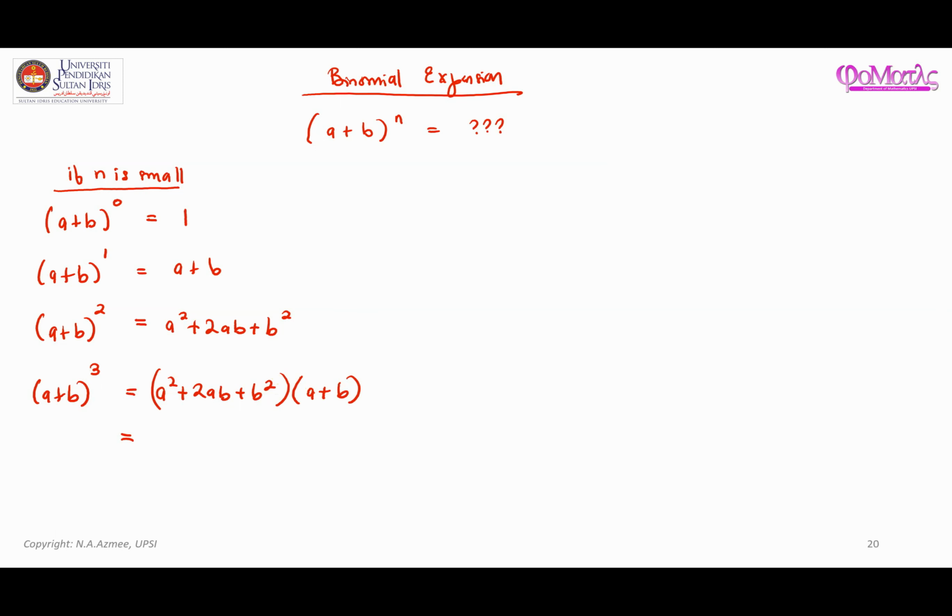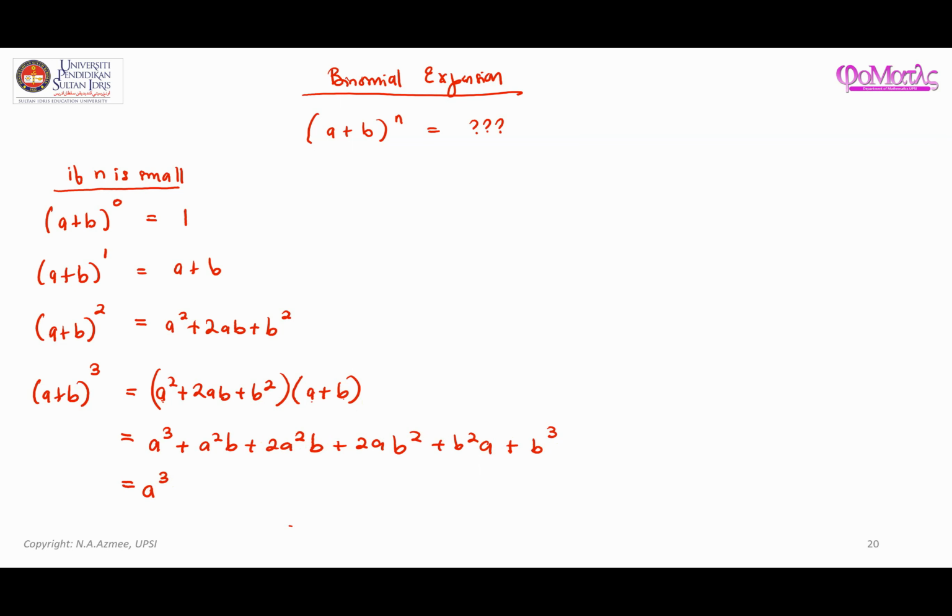So a squared with a, you get a cubed; a squared and b; 2ab times a; 2ab times b; b squared times a; plus b squared with b, b cubed. You simplify that so that you can get the final result.